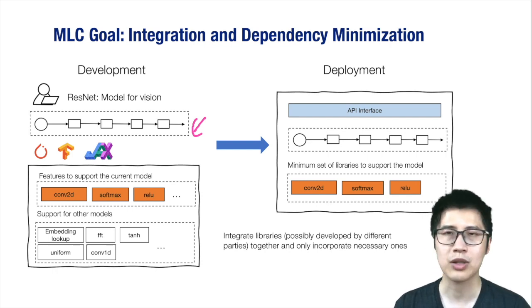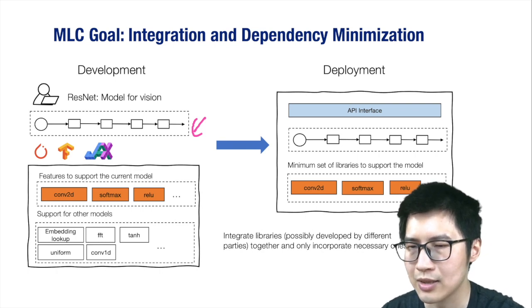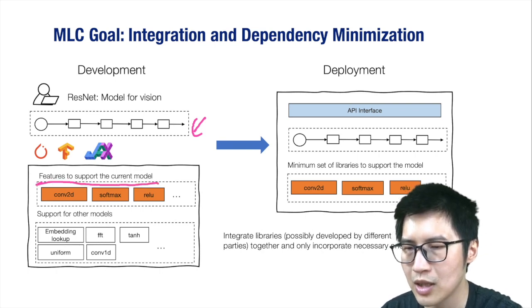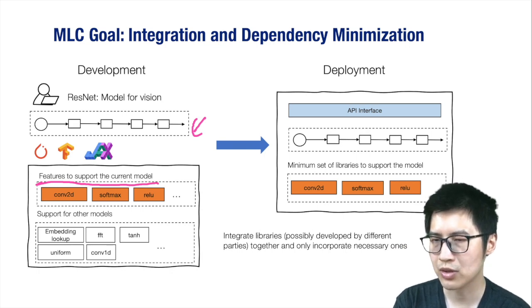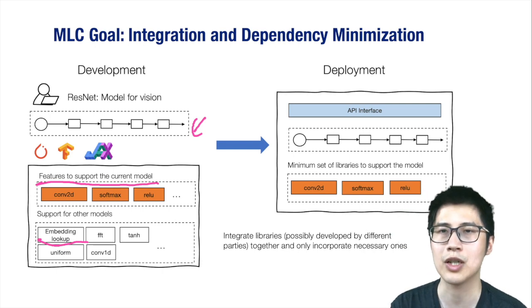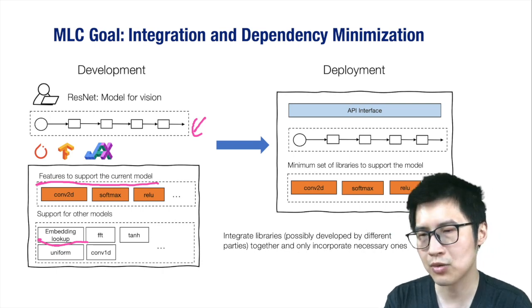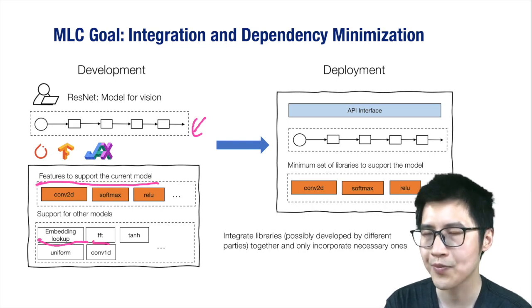There will also be softmax and activation functions and other operators. So there are features that are necessary to support the models. In the meantime, these frameworks also contain features to support other models. For example, the embedding lookup is usually useful for natural language processing, but not necessary for vision. FFT is usually used for speech recognition, and so on.